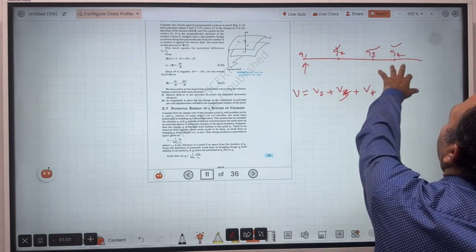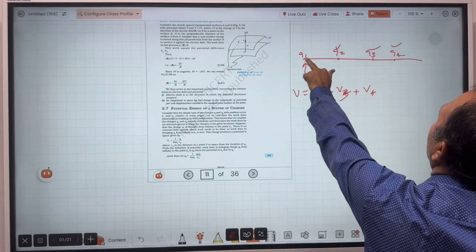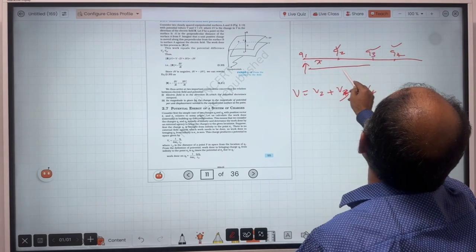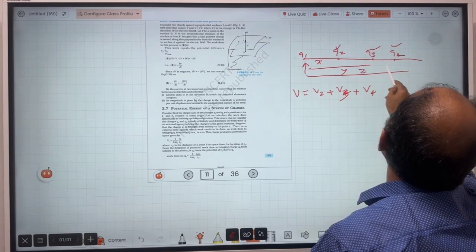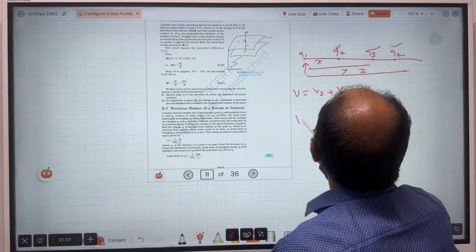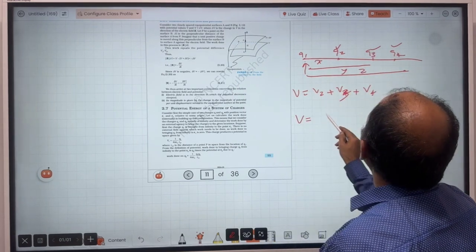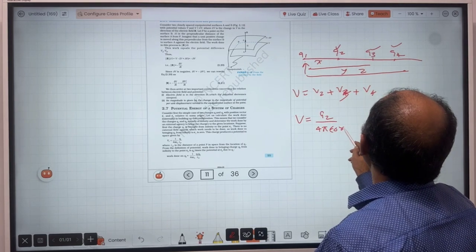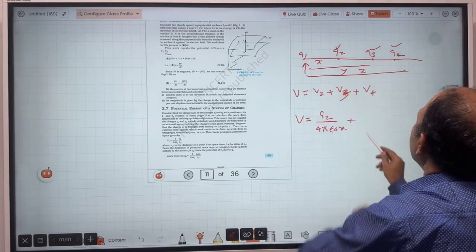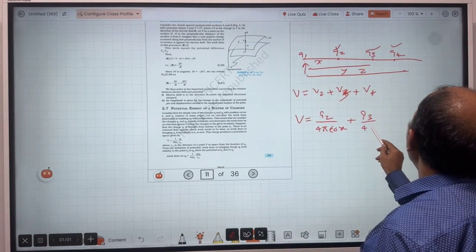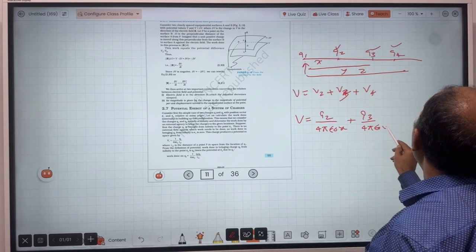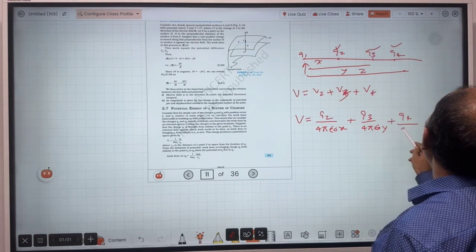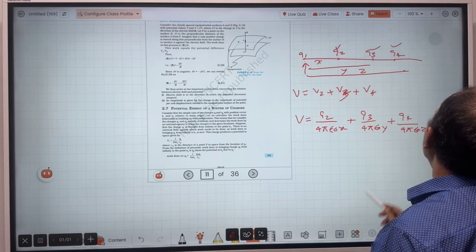This is the combined effect of potential at this point, and this separation is X, this separation is Y, and this separation is Z. So first of all we have to find the potential. So V will be Q2 divided by 4 pi epsilon naught X plus Q3 divided by 4 pi epsilon naught Y plus Q4 divided by 4 pi epsilon naught Z.